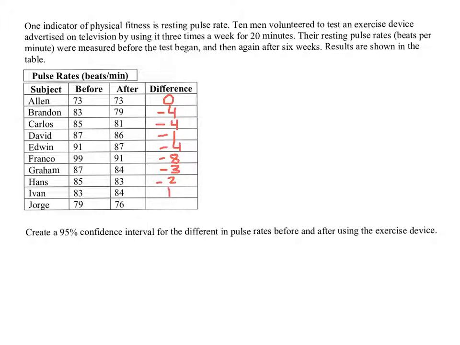This one went up by 1, and this one went down by 3. So clearly the average is going to be negative. So now I'm just going to put in the difference column. Stat, edit, and I'll go ahead and put these in L1.